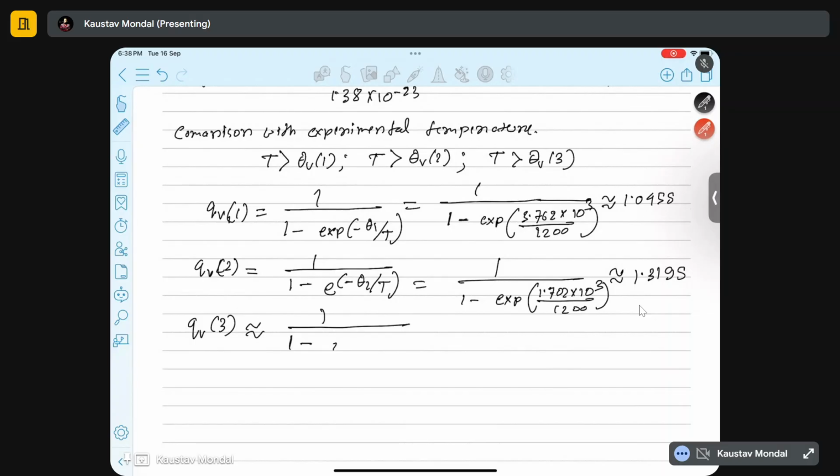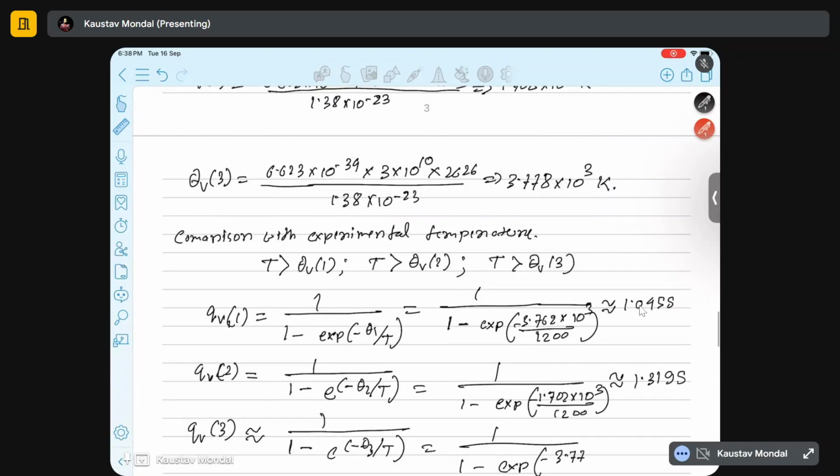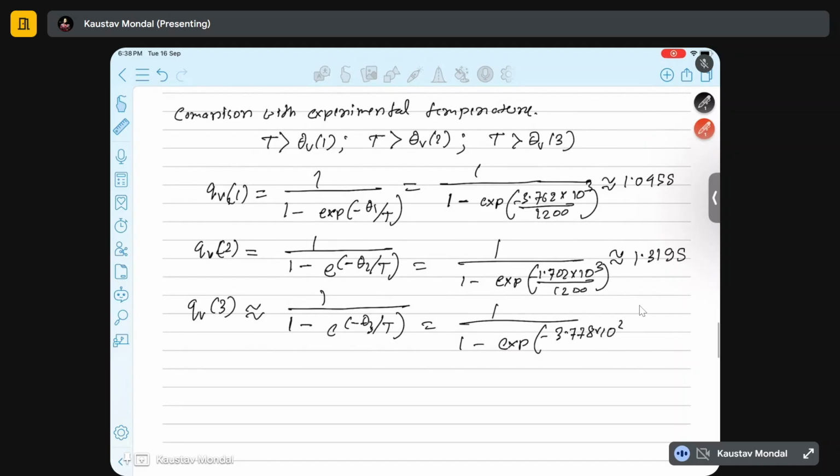One minus the power minus theta 3 by T. This gives you 1 minus exponential. So theta 3 would give you minus 3.77 into 10 to the power 3 by 1200.